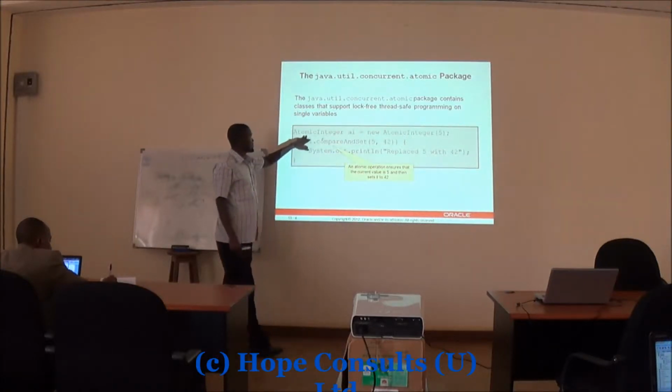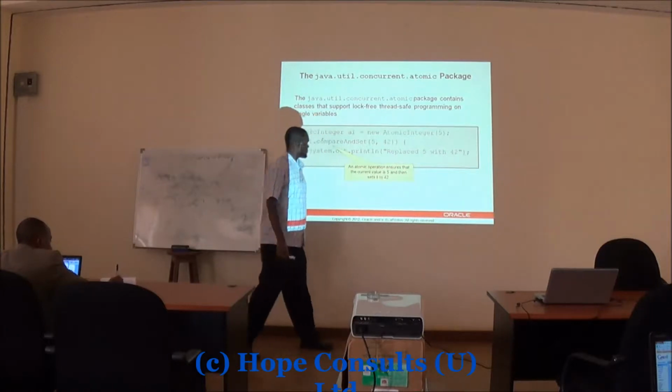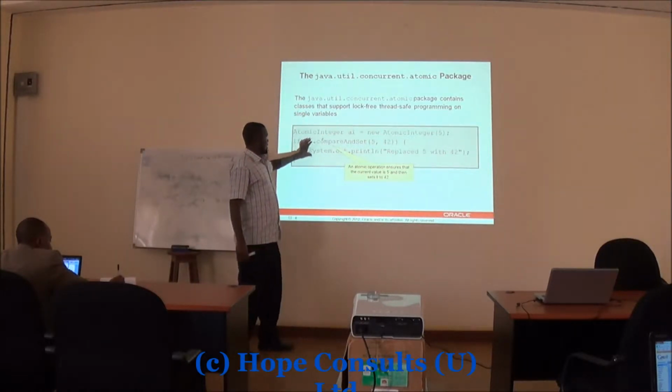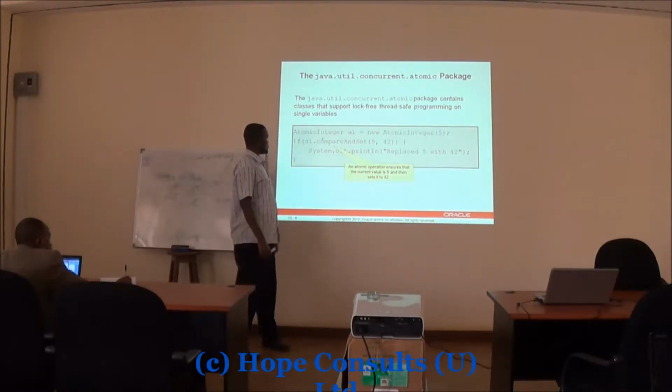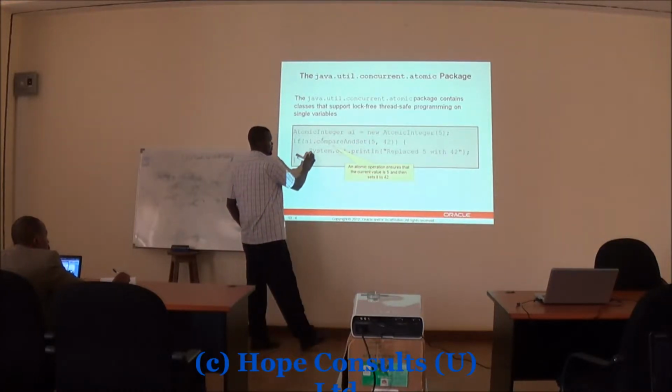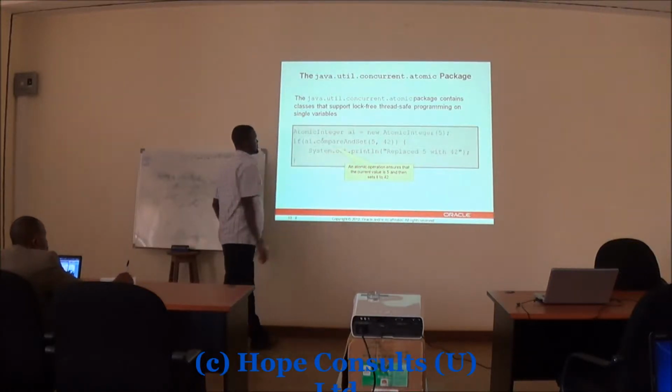For example, in this case, AtomicInteger ai = new AtomicInteger(5). If ai compareAndSet with 5 and 42, if they match, then we say System.out.println.